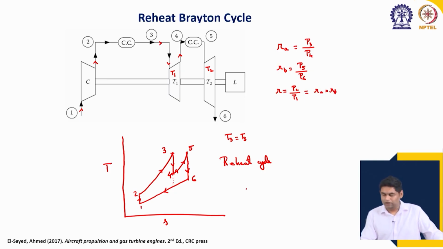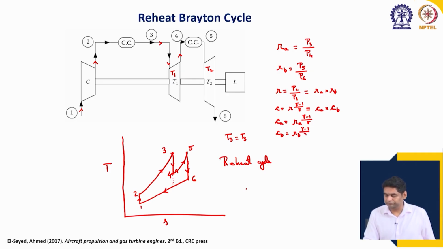Okay. And similarly, we define corresponding C values. So, C is equal to R to the power gamma minus 1 by gamma, which should be equal to C A into C B. What are C A and C B? C A again is similar to C, it is defined as R A to the power gamma minus 1 by gamma, and C B is defined as R B to the power gamma minus 1 by gamma.